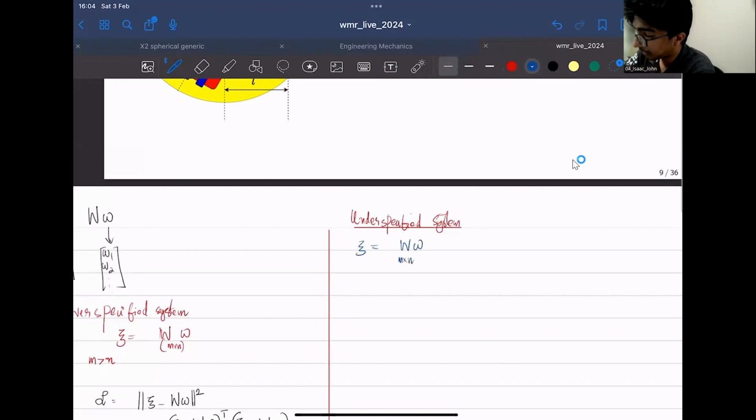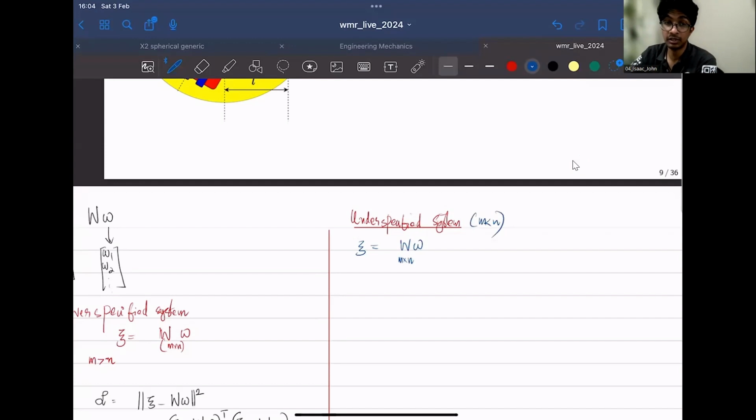If the order of the W matrix is M by N, and if M is less than N, we have an underspecified system. What does this mean? Theta is always going to be 3 because you have 3 control input vectors, U, V, R.